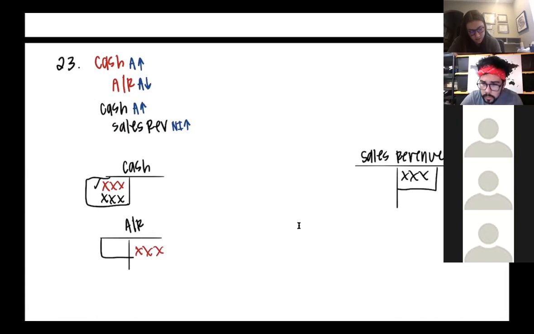Understated? Why? Because they've never recorded the cash sale. Well, they recorded the cash coming in by debiting cash, but they credited AR. And they lowered their asset when they shouldn't have. That's why it's understated.